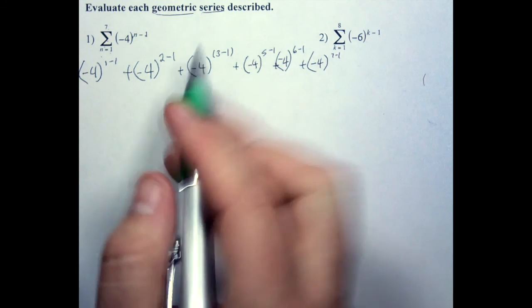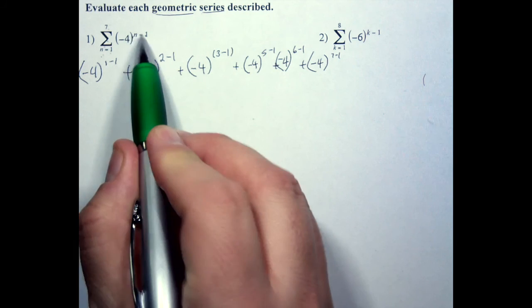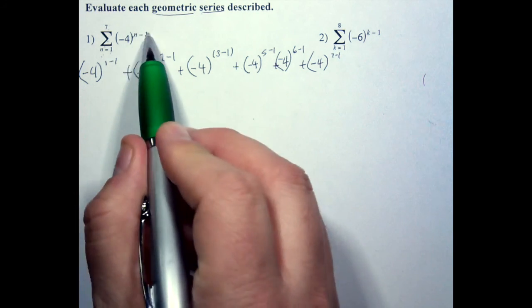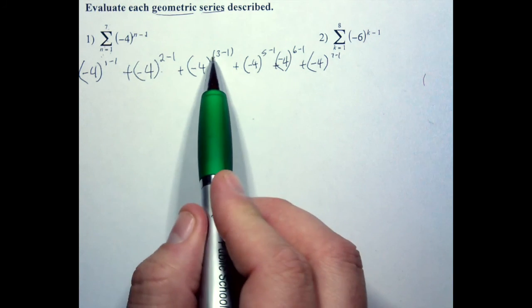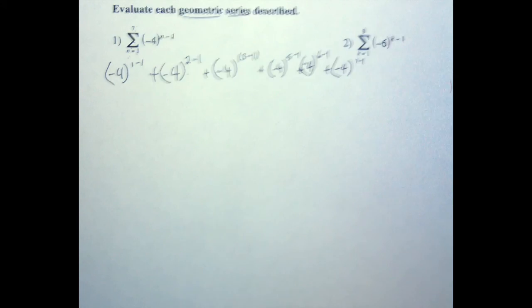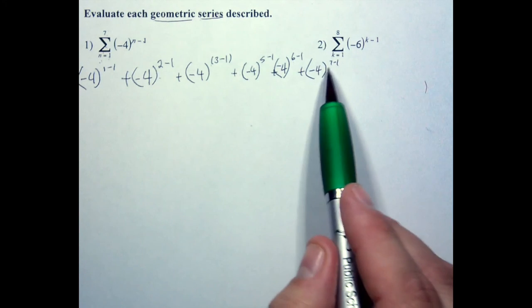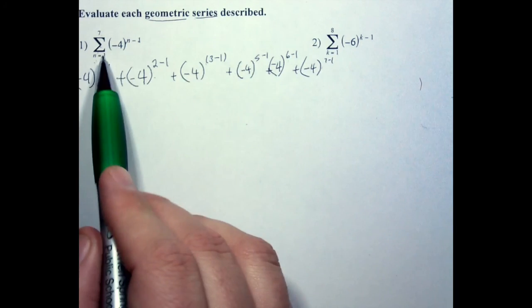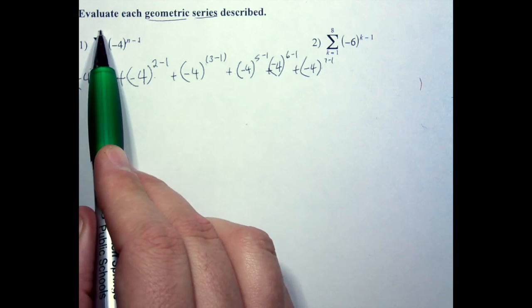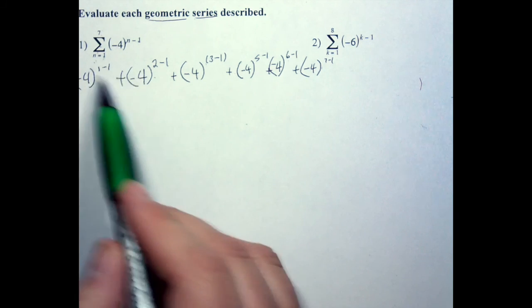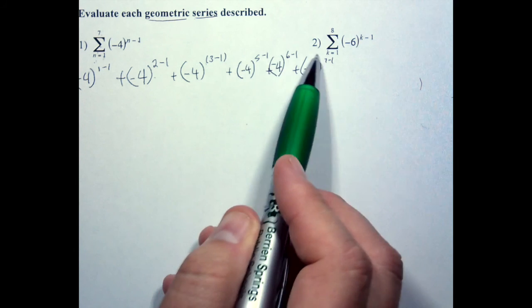So we go 1 minus 1, then 2 minus 1, 3 minus 1, 5 minus 1, 6 minus 1, all the way up to 7 minus 1, because we're going from 1 to 7. Wherever there's an n, I'm plugging in 1, 2, 3, 4, 5, 6, 7.